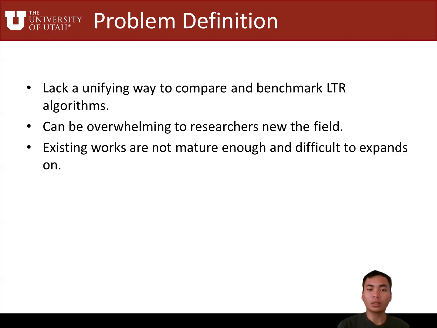But existing works are not mature enough to try and benchmark all of these models, and are usually difficult to expand on if users want to add their own learning algorithm or model to it.